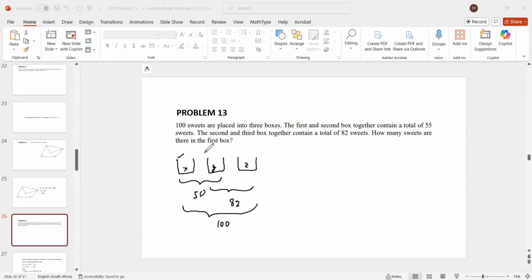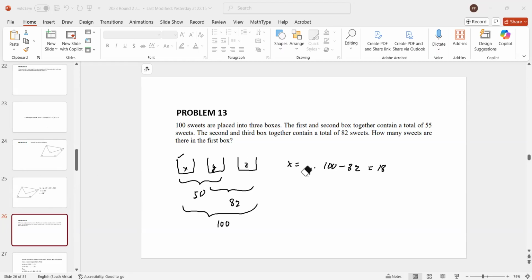I think they made a mistake with this. The second and third boxes together give you 82, and altogether you've got 100. So the first box must be 100 minus 82. That's a very trivial solution. You don't even need the other 55.